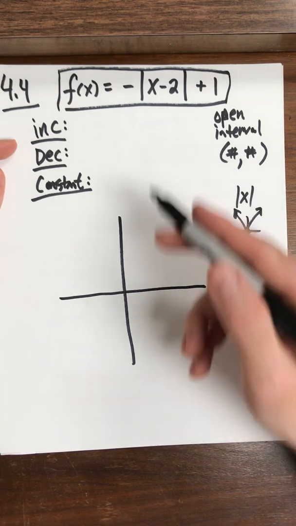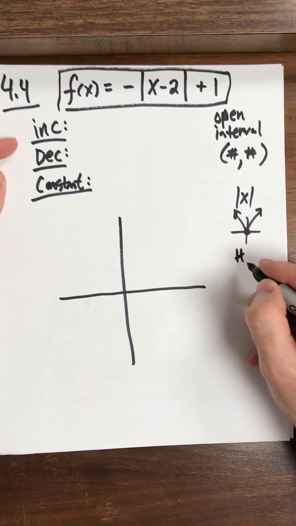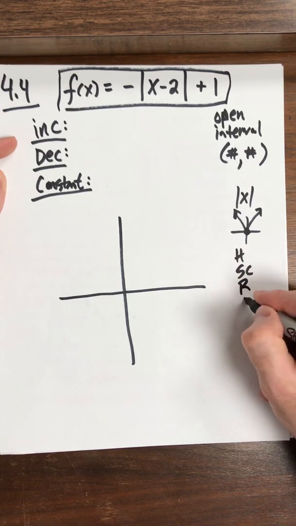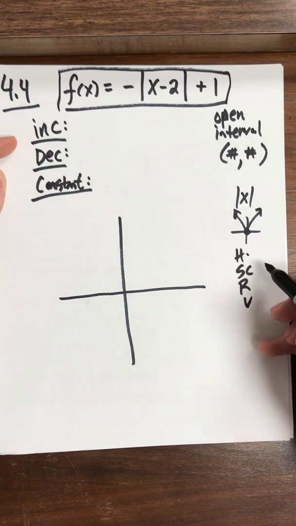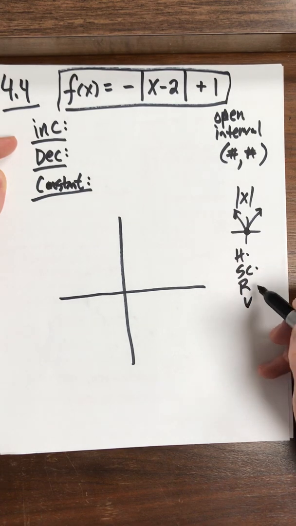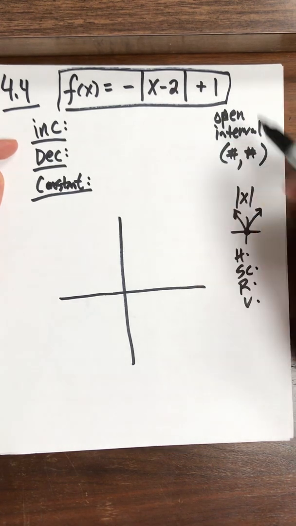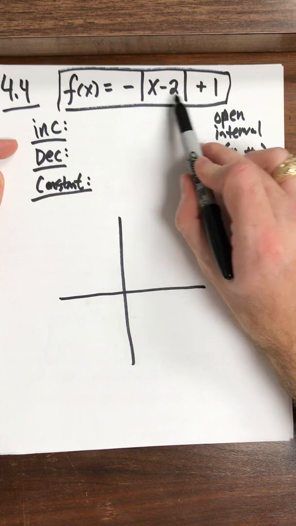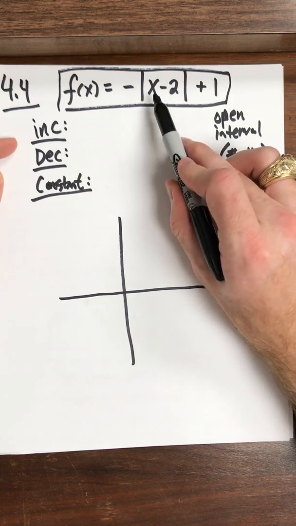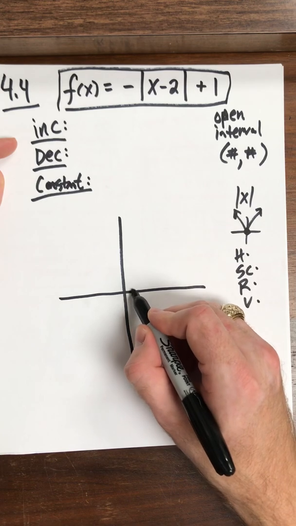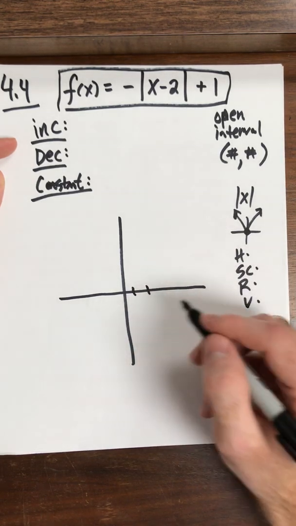Okay, so when I think about my maneuvering, I think, go back to that acronym, HSCRV, okay? So horizontal, stretch, compress, reflect, and vertical shifts, okay? So what's my horizontal shift? I look on the inside. What's on the inside of my function here? It's x minus 2. The minus 2 tells me to go to the right 1, 2.